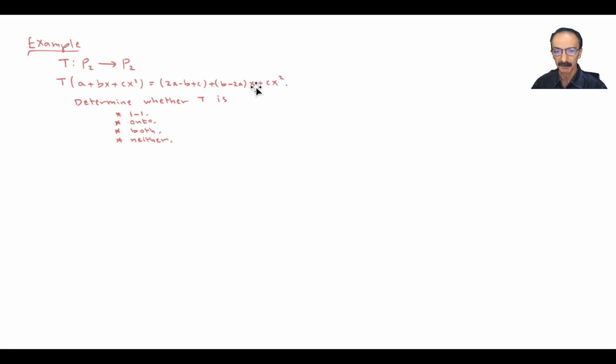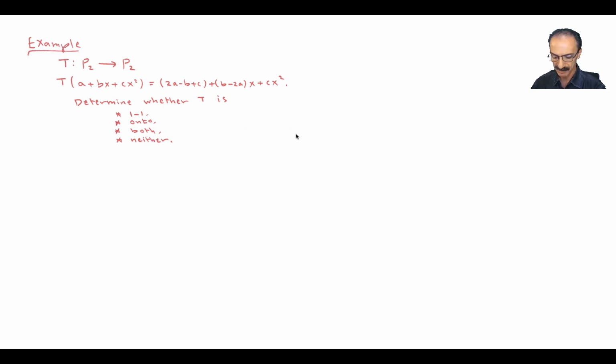Let me start going backwards, it's easier to read. To get the coefficient of x squared, it's c, the same as this. To get the coefficient of x, it's b minus 2a, b minus twice a. To get the constant, it's twice a minus b plus c. You just follow the rule. So let's take it step by step.